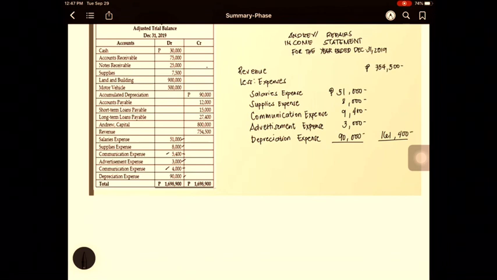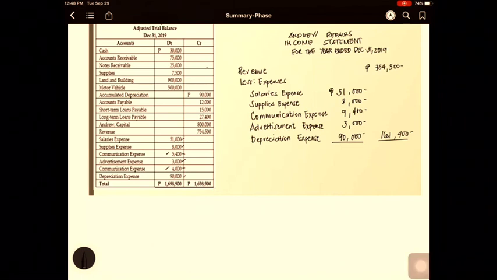Okay, so let's counter check. 51,000 plus 8,000 plus 9,400 plus 3,000 plus 90,000, 161,400.